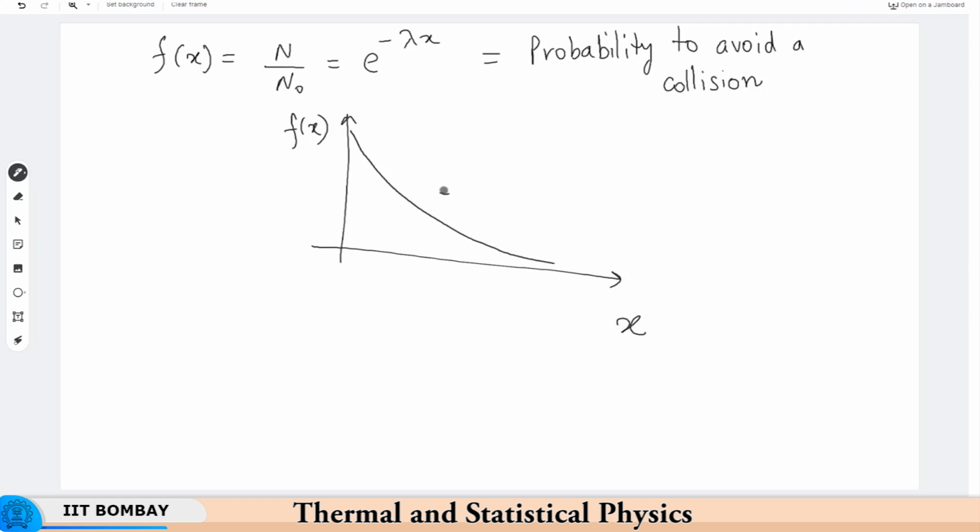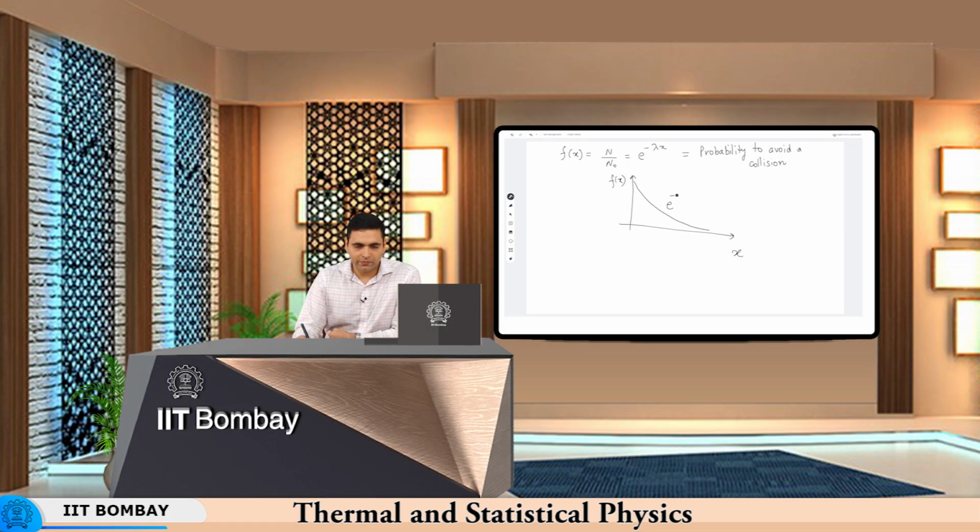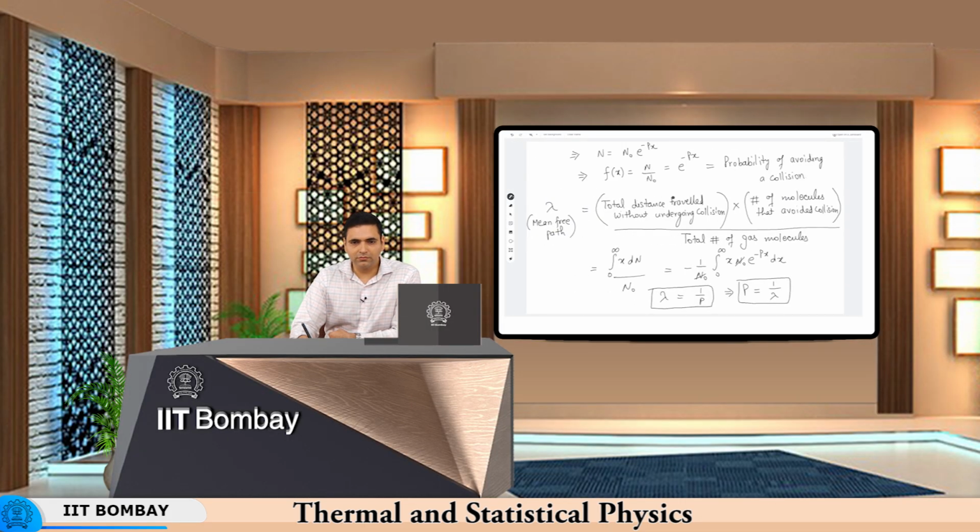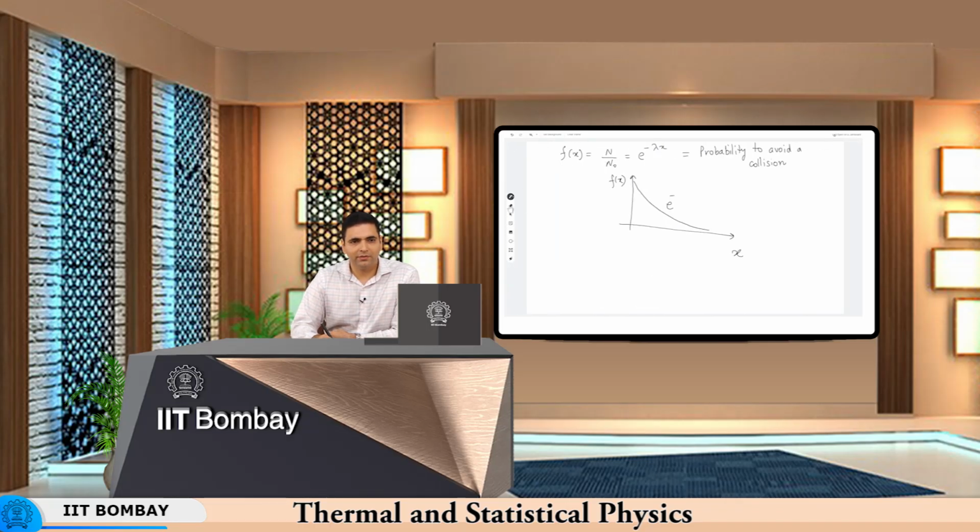Sorry, p is 1 by lambda, so this should be x by lambda. Okay. So, this is x by lambda.